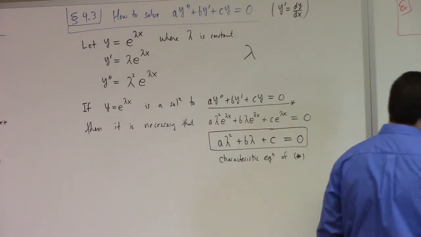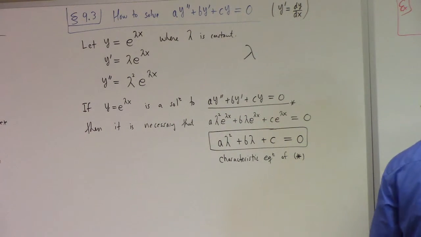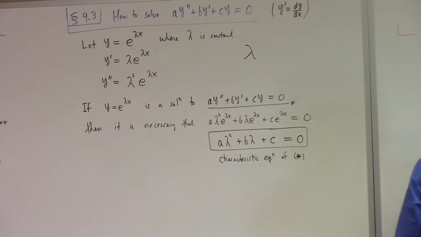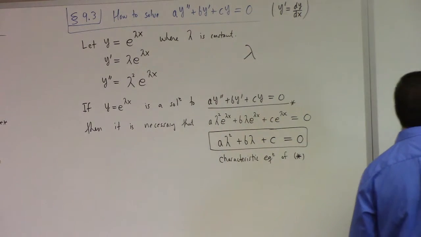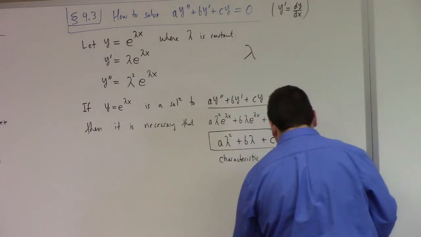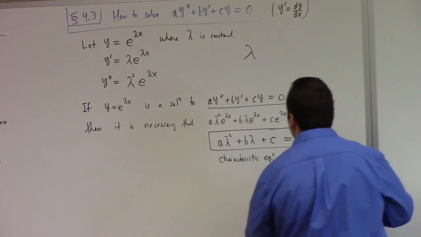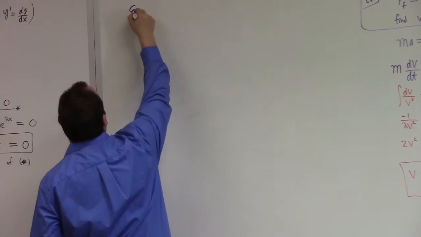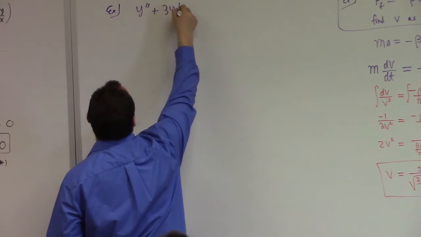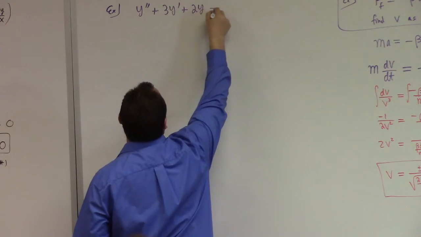What should we expect, by the way? Let's just look at an example. Let me do something less weird. All right, so y prime prime plus 3y prime plus 2y equals 0.